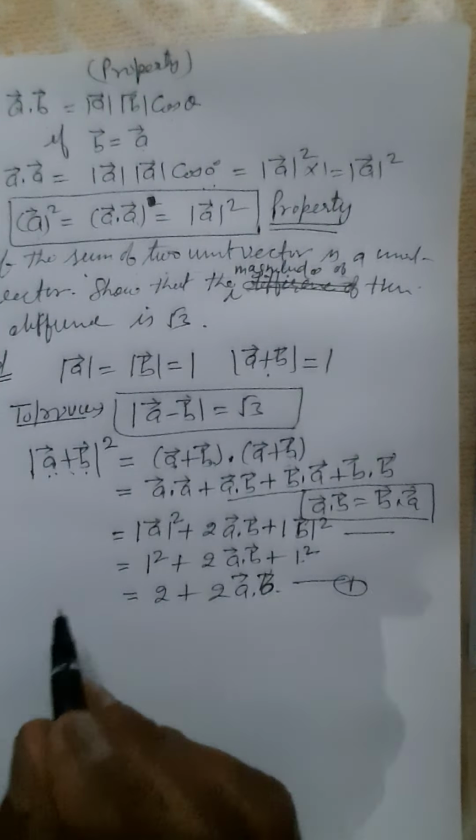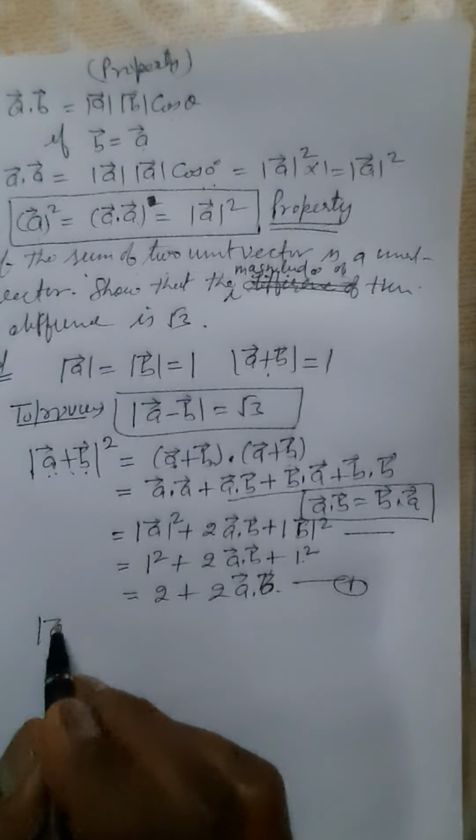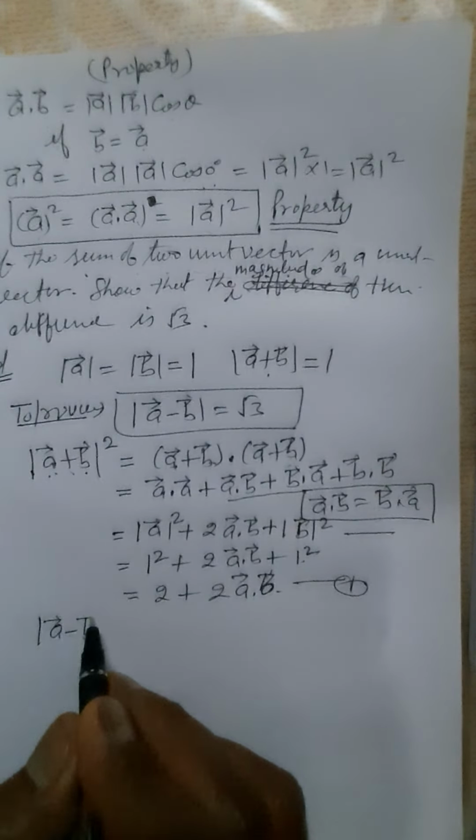So now calculate the second part of it. Similarly we can write magnitude of A minus B whole square, that can be written as, with the help of this formula again, (A minus B) dot (A minus B).